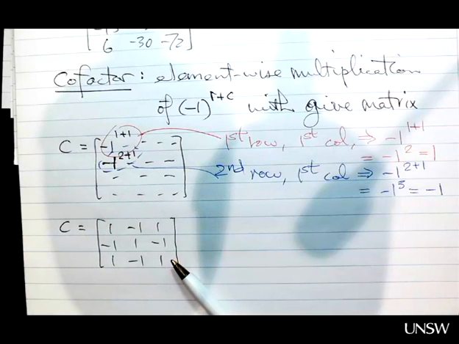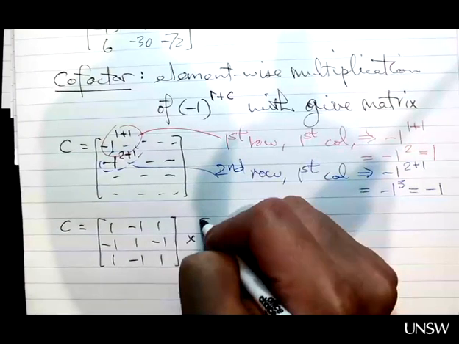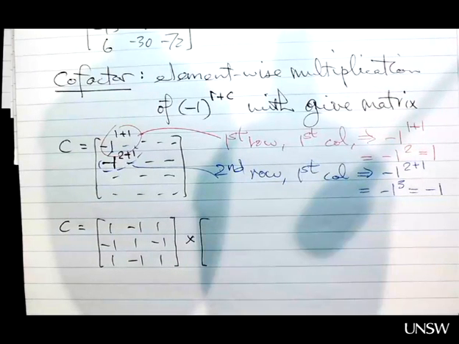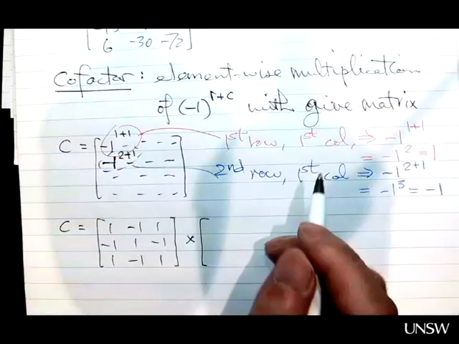Okay? Any question up to now? And then we have the element-wise multiplication with, for example, our minor matrix.